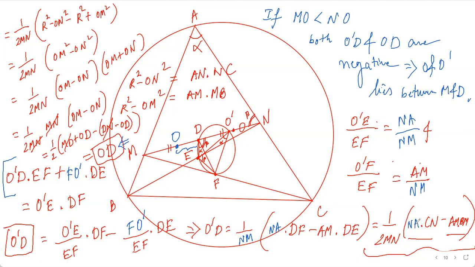Now this is NA, this is NM, and what about CN? CN is in the anti-clockwise direction. Now AM times MB, and there we are getting 1 by 2. So all these are NM then.